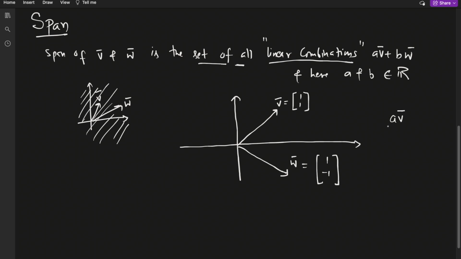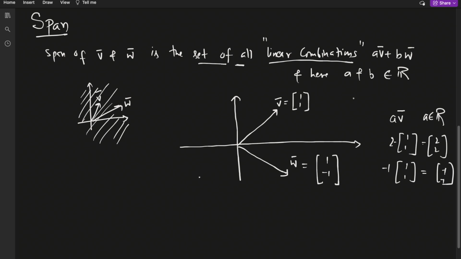a into v, here a is a scalar and a belongs to R. a could be any real value. So if you multiply v with, let us suppose, 2, you will get another vector 2v which is somewhere here. If you multiply with minus 1, then you will get minus v, which is somewhere here.